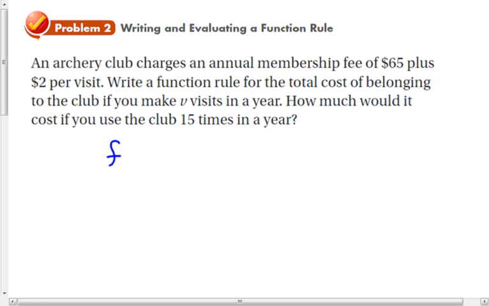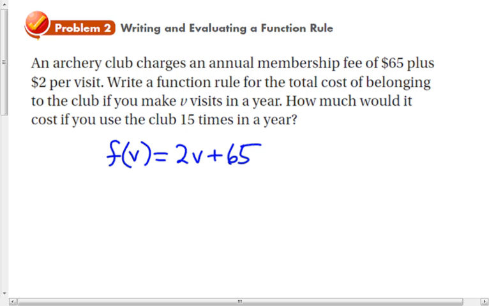And we're going to use V for visits in a year. So our cost, our fee, is a function of the number of visits. And it's charged this way. You pay $65 plus $2 per visit. So 2V plus $65 is what that fee is going to be.